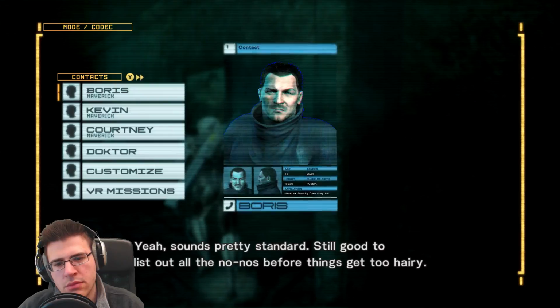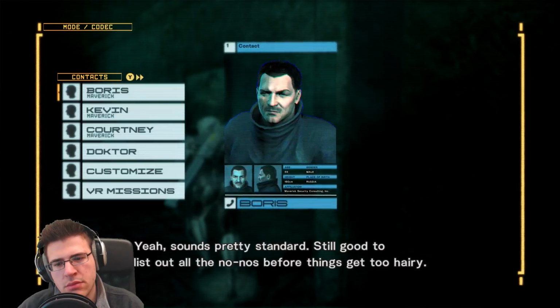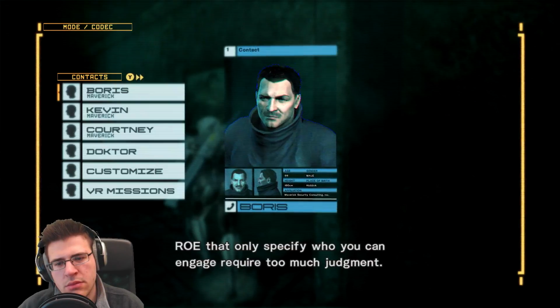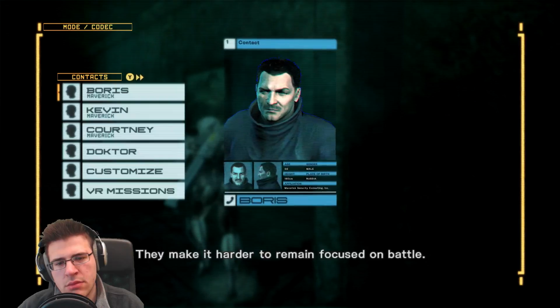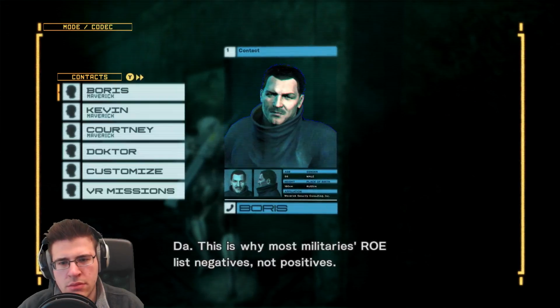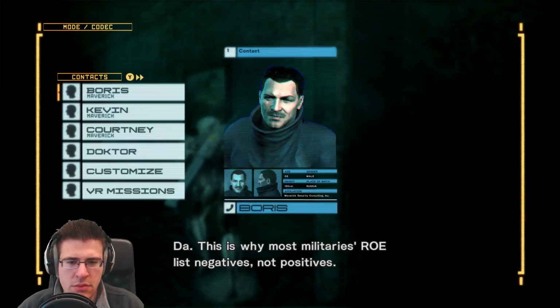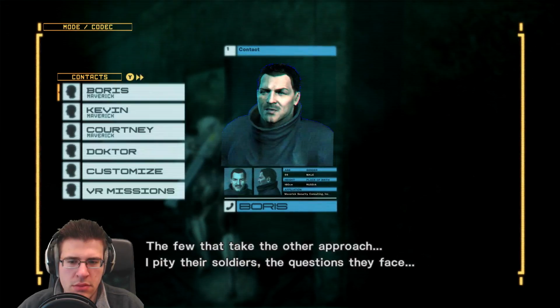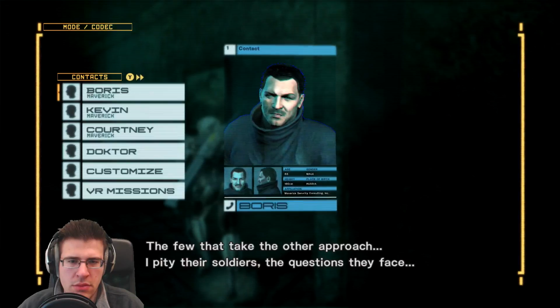Yeah, sounds pretty standard. Still good to list out all the no-nos before things get too hairy. ROEs that only specify who you can engage require too much judgment. They make it harder to remain focused on battle. Duh. This is why most militaries' ROEs list negatives, not positives. The few that take the other approach, I pity their soldiers the questions they face.